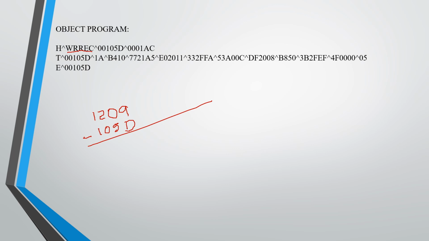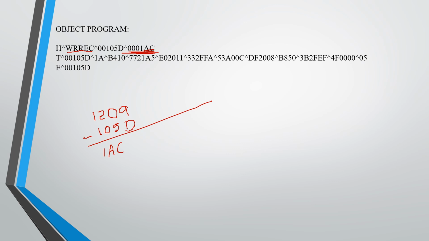If you subtract it, you'll get 1AC, which is written here, and even that should be in 6 digits, so 0001AC.